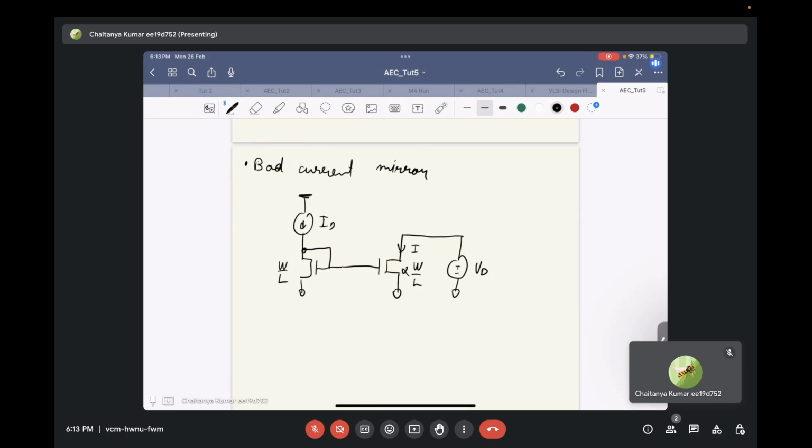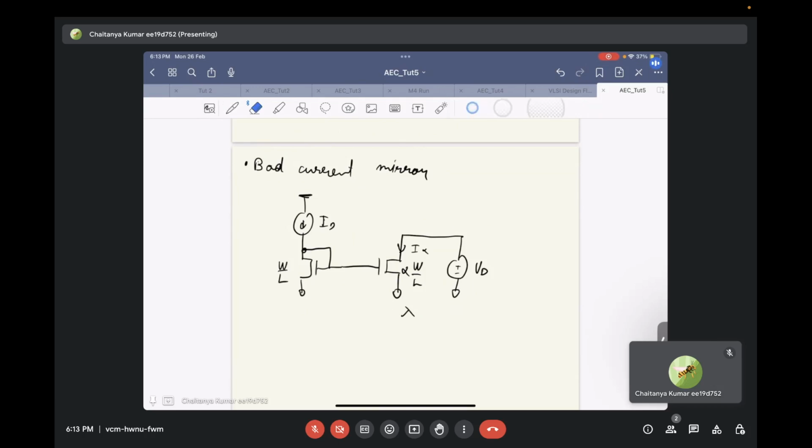Let's say this is alpha W by L, what is the value of I alpha? Here previously we assumed that the output resistance of both the transistors is infinite. In this case we have some channel length modulation, characterized by lambda. Okay, so let's see what will be the case now.